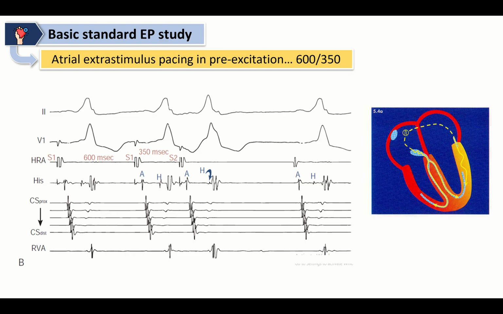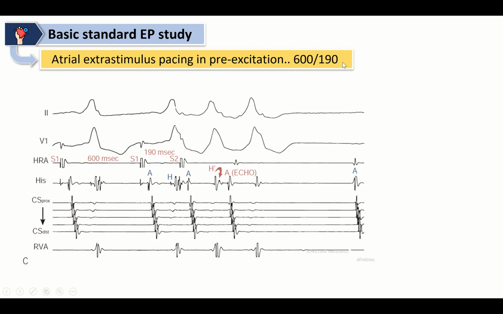Now let's give SC2 at a shorter coupling interval, 350. We can see more pre-excitation, evidence of delta wave, and we can appreciate the HV interval become negative. Now let's give SC2 at a shorter coupling interval, stressing the accessory pathway more and more, at 190 milliseconds.